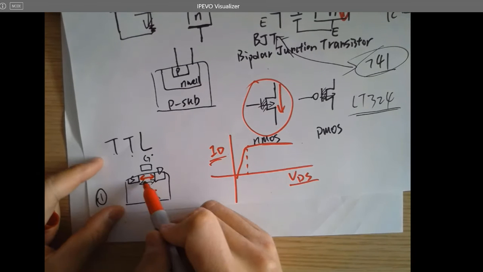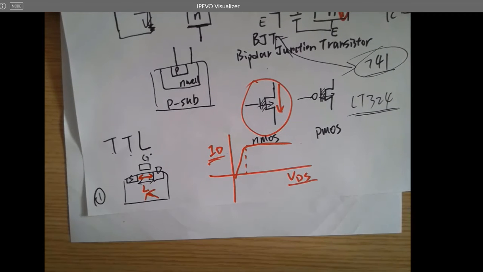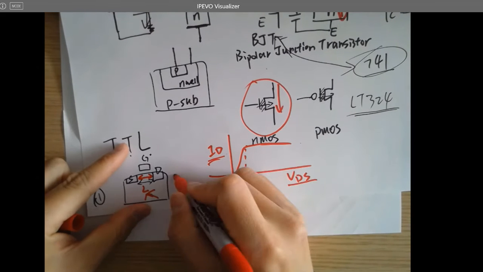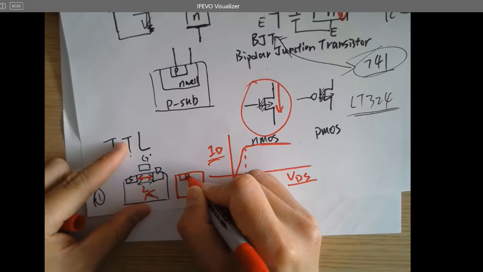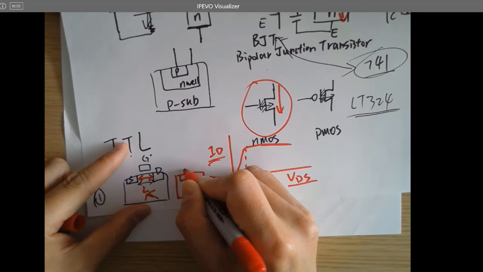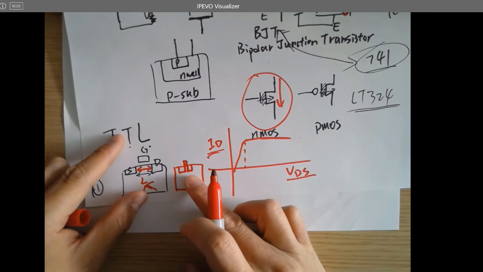So whenever this is getting smaller and smaller, just physically imagine you have a CMOS device in front of you, and it just makes the length smaller and smaller like this. What's going to happen? What do you think?